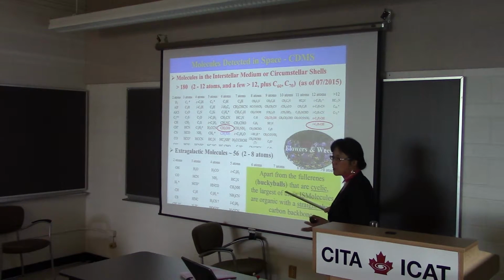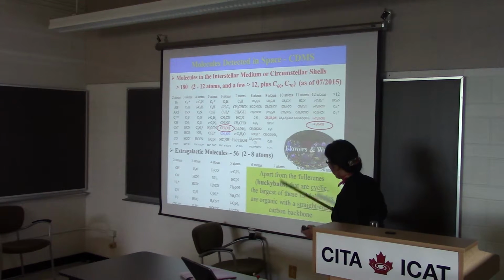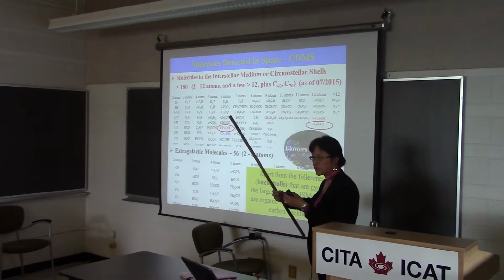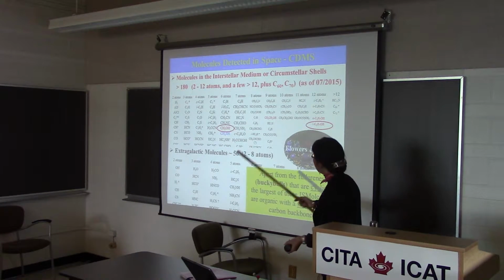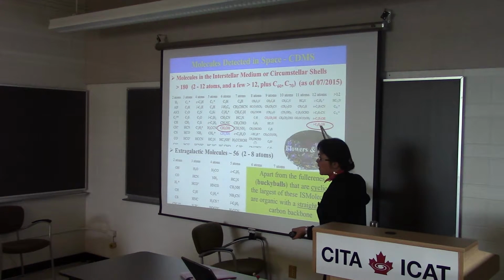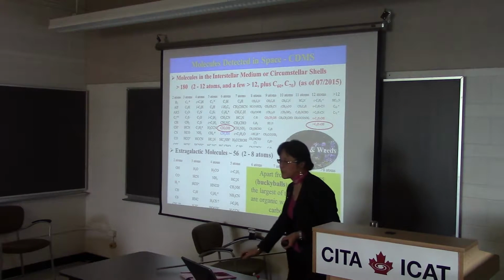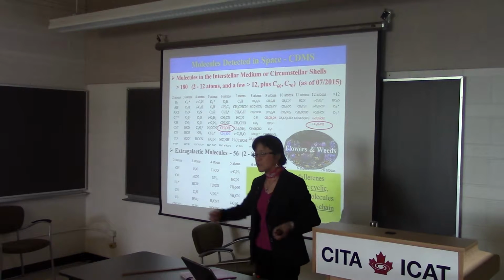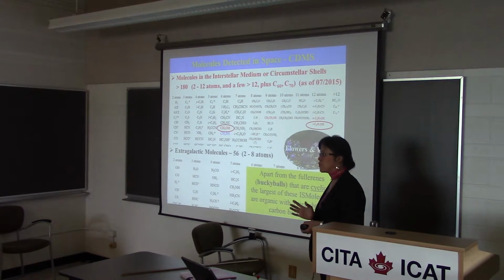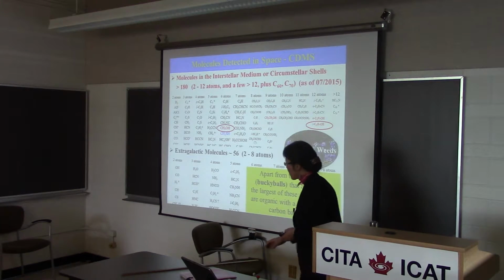Apart from the buckyball, the rest all have a straight chain structure, except our most recent finding, which observed a branched structure. That's quite a big deal, which I will point out towards the end of my talk. So instead of just seeing chain molecules, now we have observed a branched molecule.